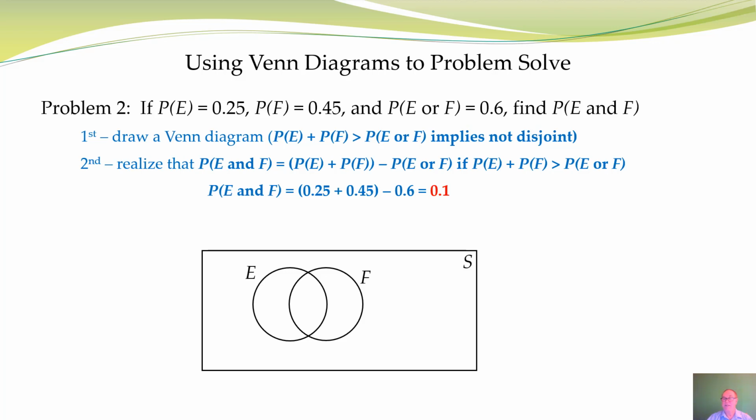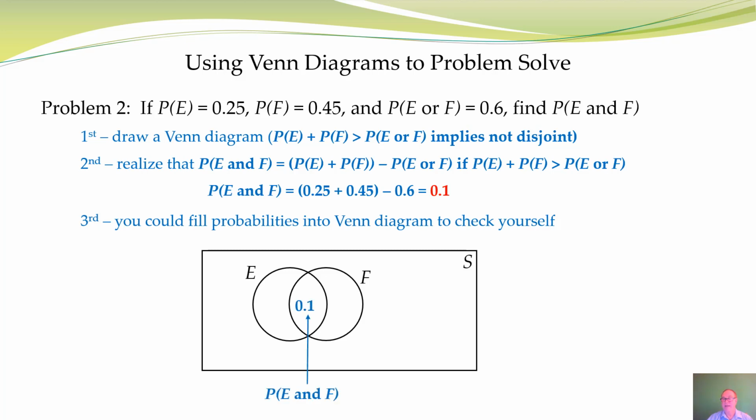So the probability of E and F would be 0.1.